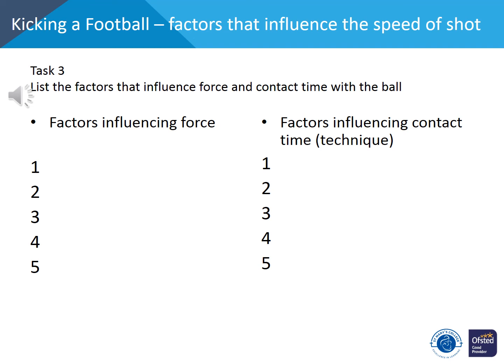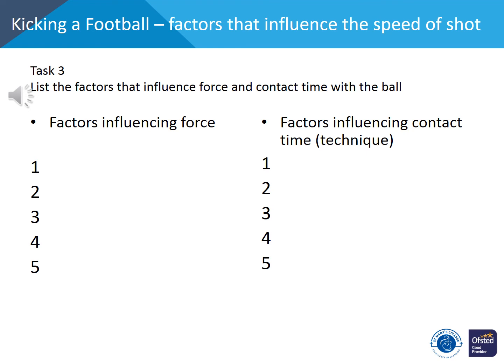Where you put your standing foot is important. If you put your standing foot well ahead of the ball or not ahead of the ball, so you don't get the foot up to the ball, then you're not going to strike it on the right part of your foot. So that's going to affect the contact time. There is a theory out there that says that the size of your feet have an influence on contact time, and a lot of the players with small feet do tend to have very powerful shots, like Sergio Aguero, I think has size 6 feet.